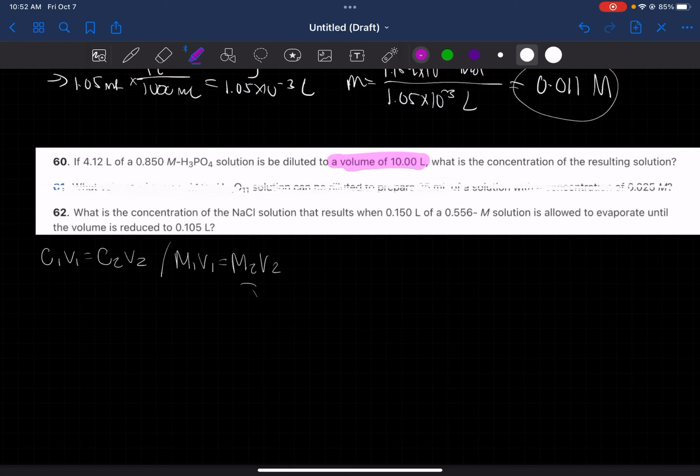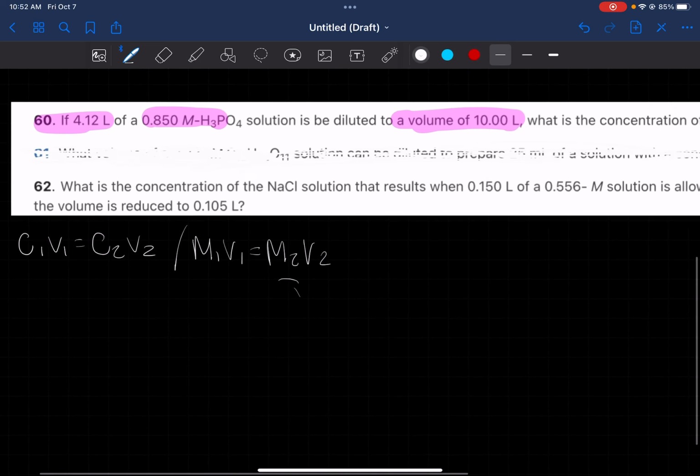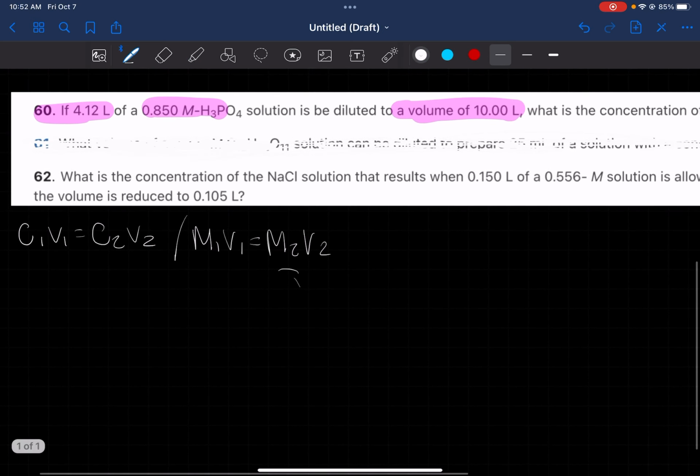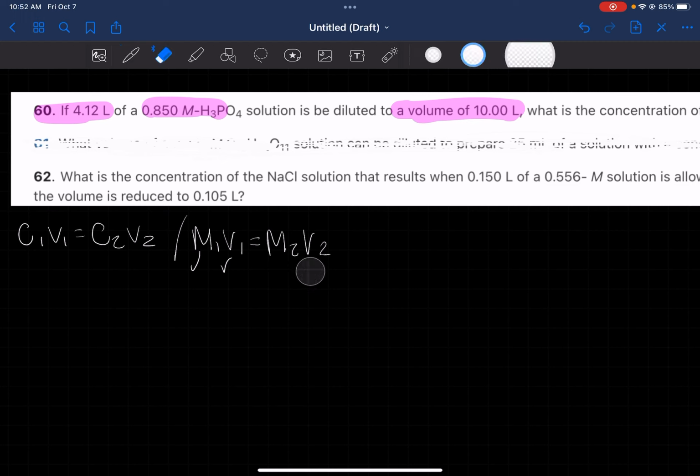We have a final volume, a starting amount of liters, and a starting amount of molarity. So if we have the starting molarity, starting volume, and ending volume, we need to solve for M2. So you just divide this by M2, divide this by M2.